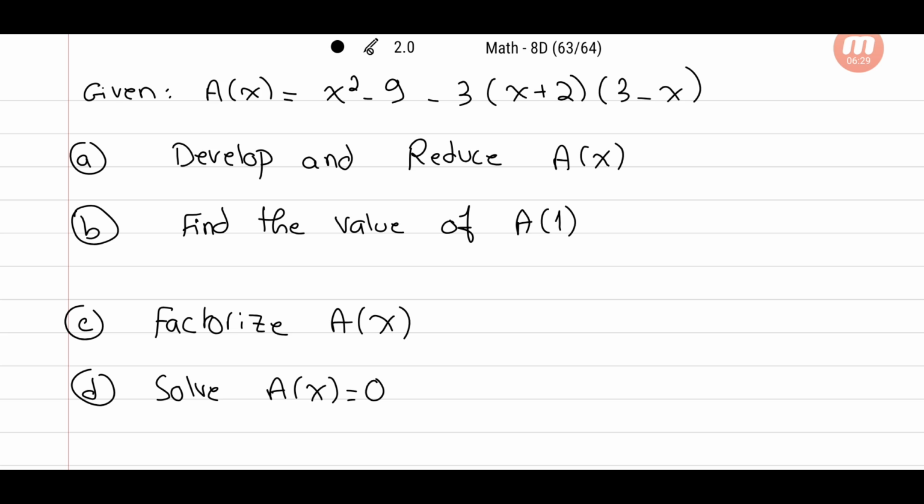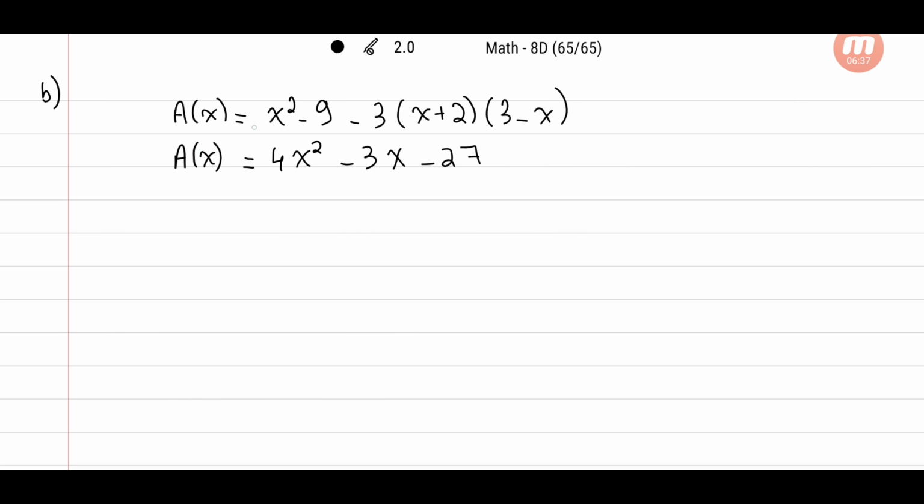Now part B, find the value of A(1). To find the value of A(1), I need to replace x by 1. So I had A(x) and I expanded it to this form, 4x² − 3x − 27, in part A. Now in part B, I need to find A(1).